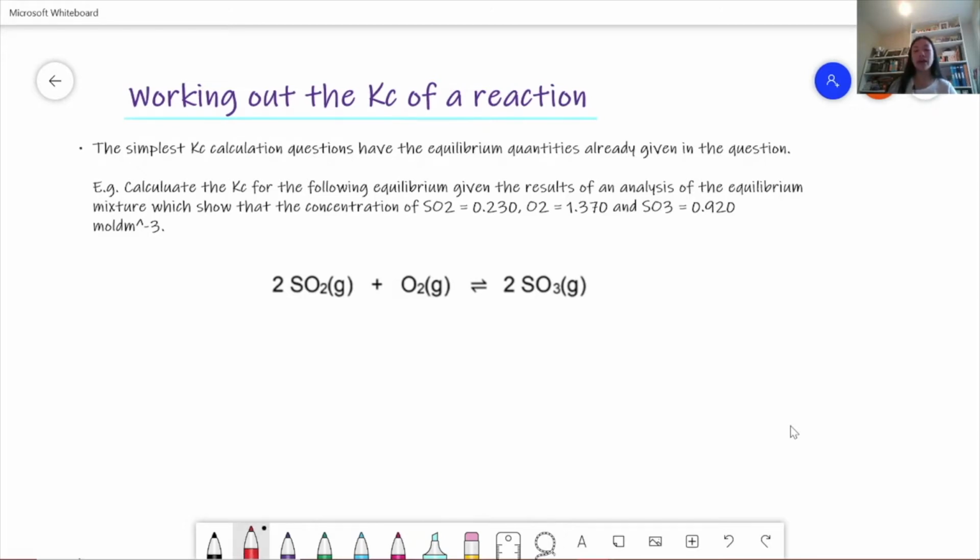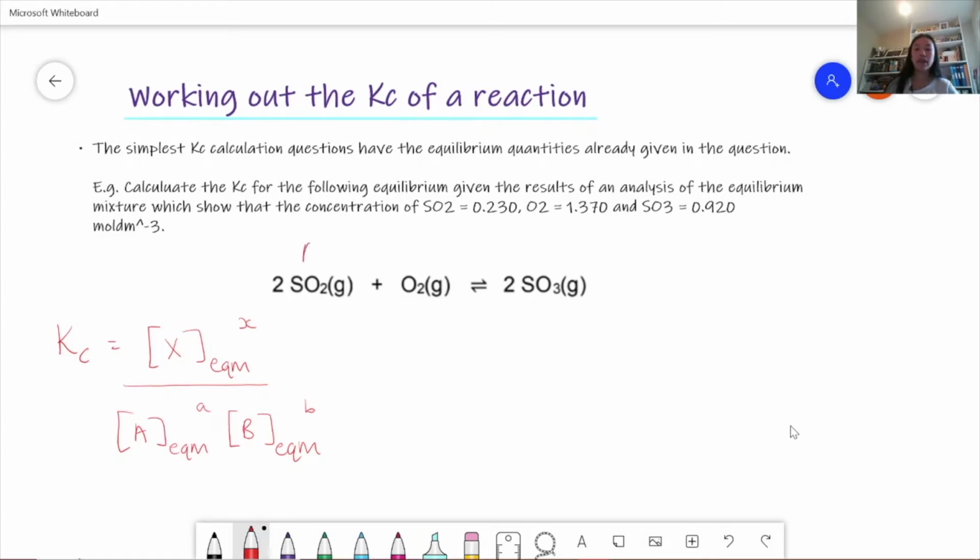So what we do is we simply just plug it into the equation. So we have Kc equals X at equilibrium multiplied by X, and then we have A, which is at equilibrium, the concentration of A, and we multiply it by how many moles of it we have, and then we multiply that by the concentration of B, and times it by how many moles of it we have.